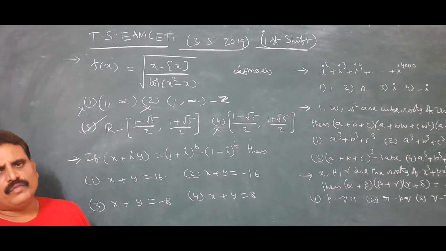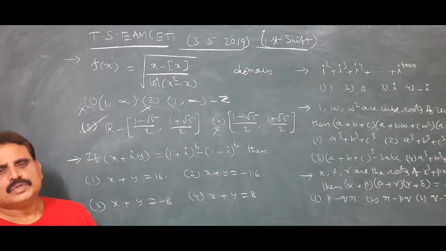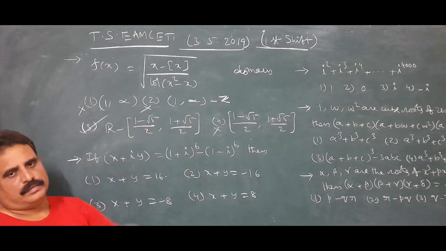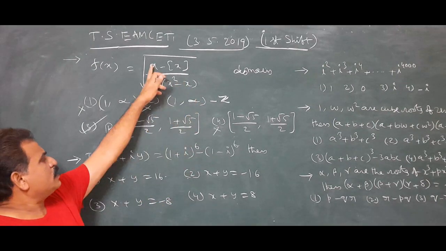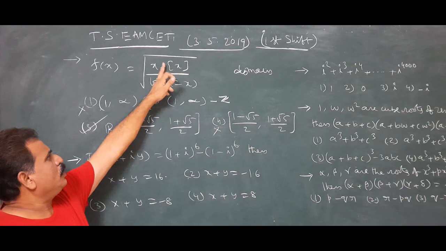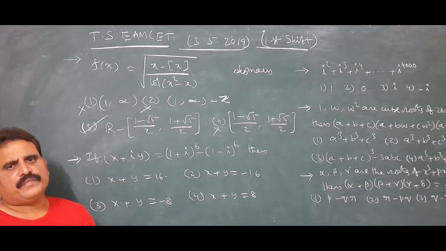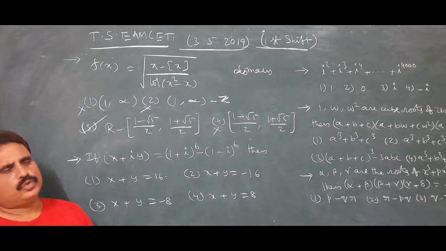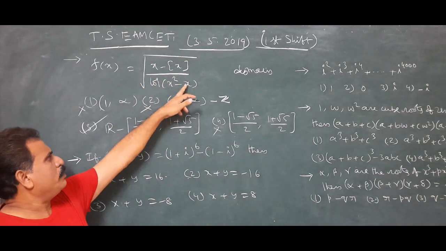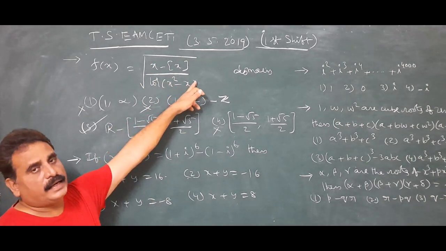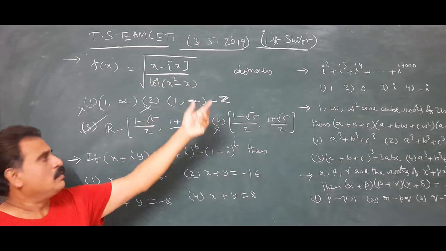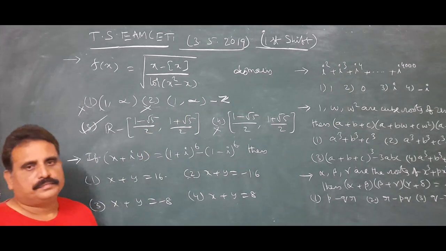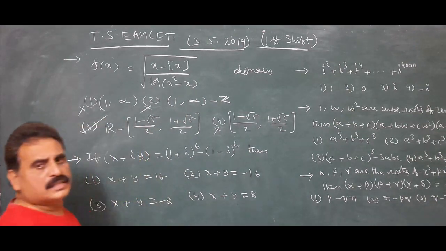If it is 1, log 1 is 0. So it must be greater than 1. x minus [x] is defined for all x because that is the fractional part of x, and its range is 0 to 1. So x square minus x greater than 1, we solve that one, and we get this.